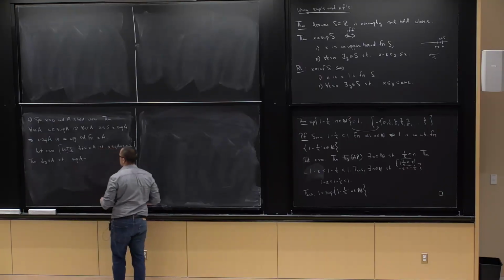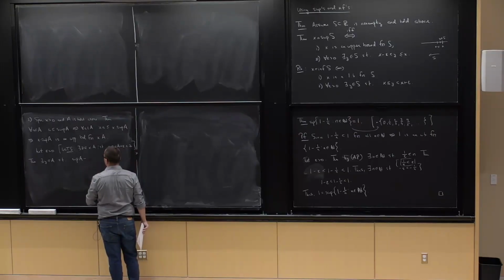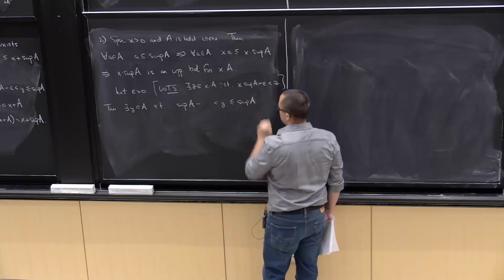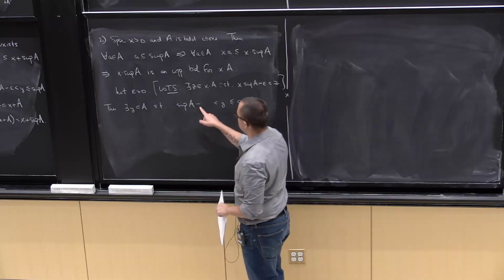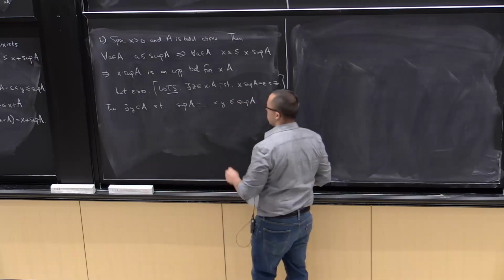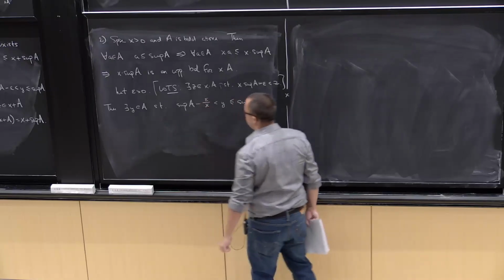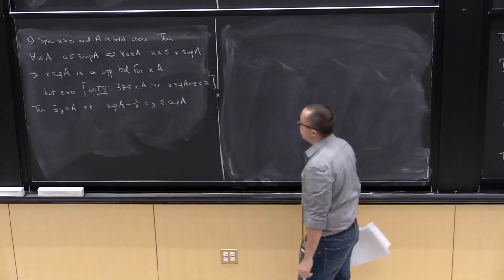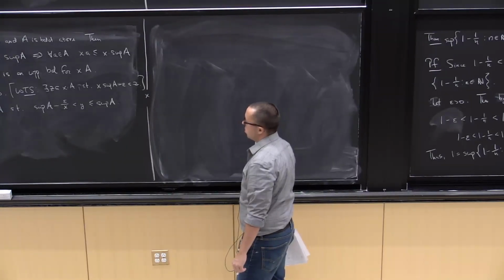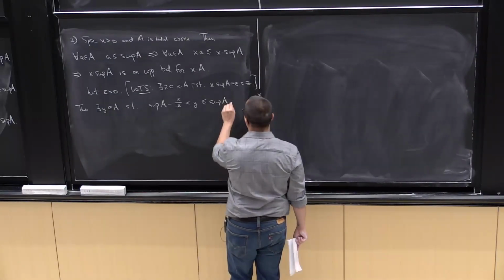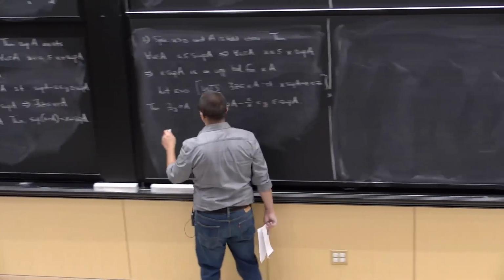In particular, I can choose anything I want here and find a y in between sup A minus whatever I want here, which is positive, and sup A. So instead of putting epsilon here like I did before, I'm going to put epsilon over x, which I can do because x is positive, which means epsilon over x is some positive number. Okay? Now, why did I choose epsilon over x? Because magic happens.